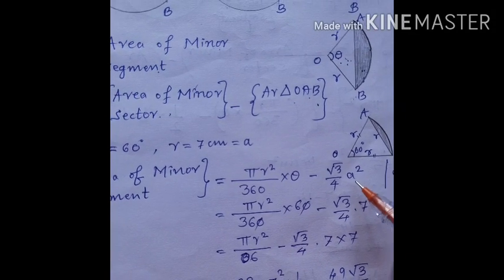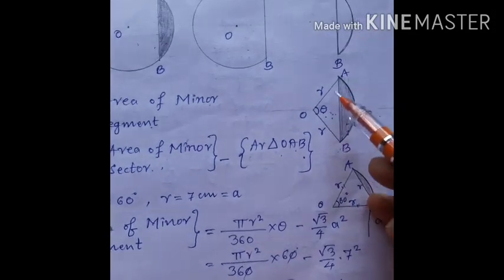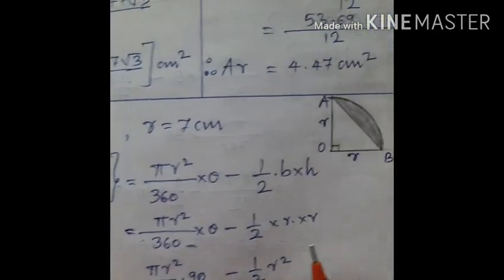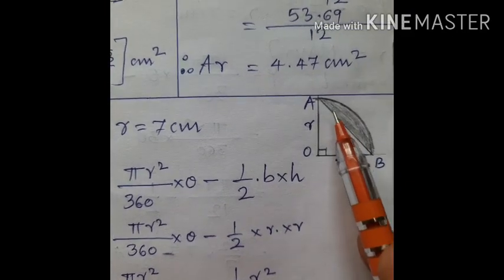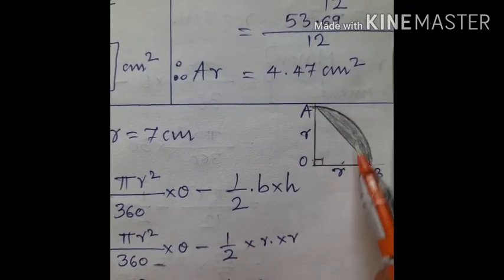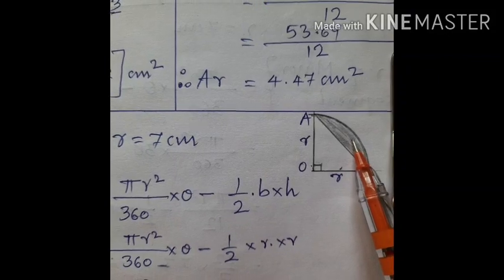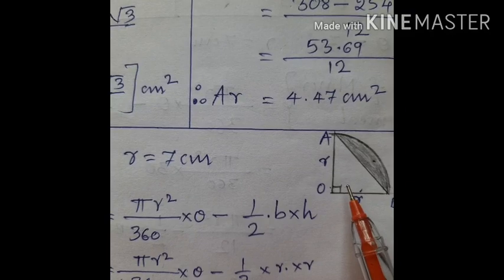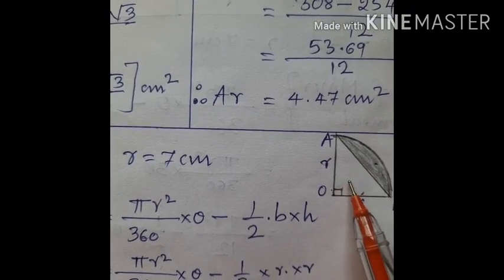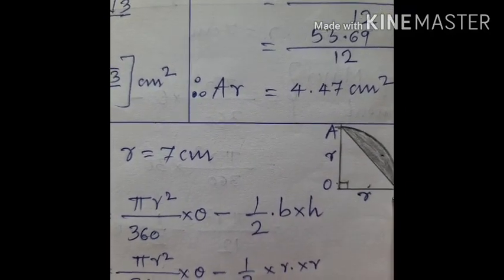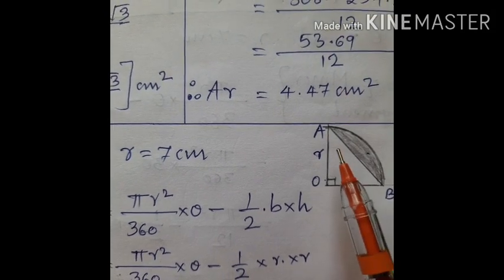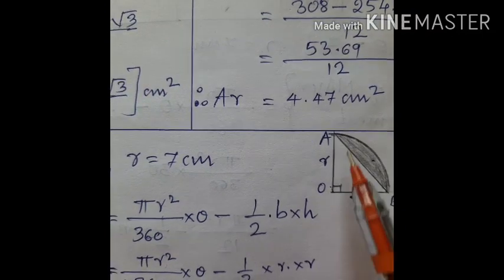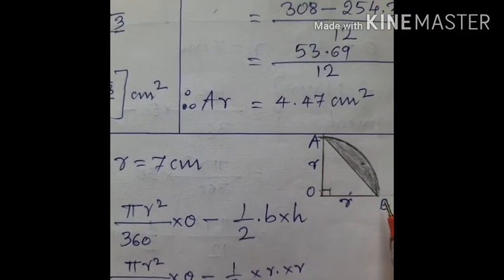Here, if this triangle AOB is a right angled triangle, then see, this is the sector and this is the segment. If we are to find the area of this segment, what we should do is area of the sector minus area of this triangle. But here the triangle is a right angled triangle. Therefore, the area of the triangle is half into base into height. Here we should not take this as base because we don't know its length.